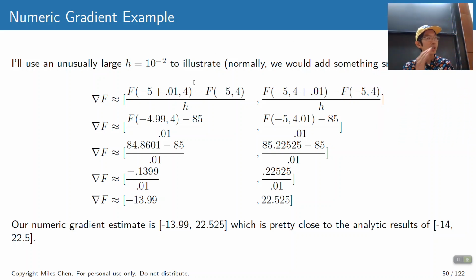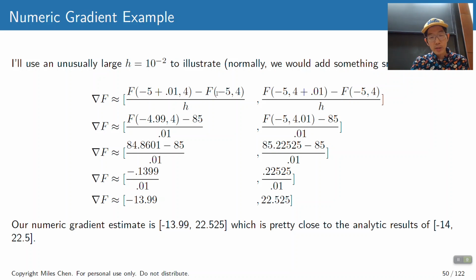You don't want to go too small because then you run into machine epsilon problems. But probably something on the order of 10 to the 5 times smaller than whatever your current value is. So if your current value is 1,000,000, you'd probably add 1 or 10. But if your current value is something like 1, you'd probably add 10 to the -5 or 10 to the -6. But anyway, here I'm just going to add 0.01.